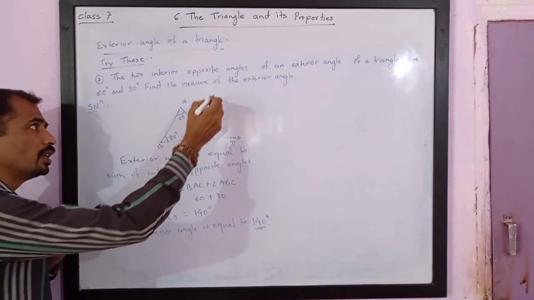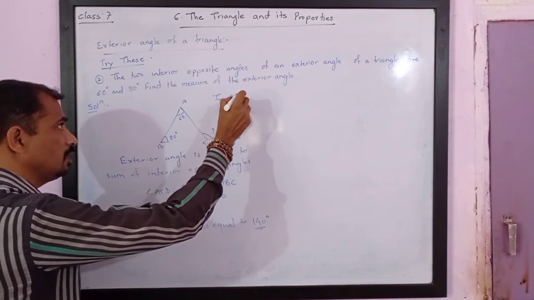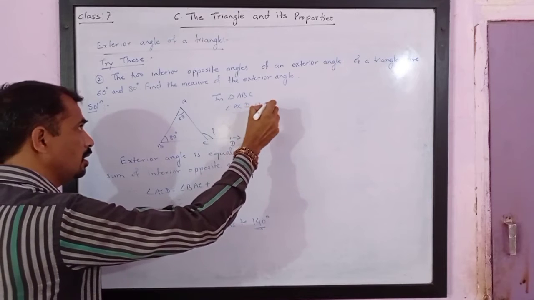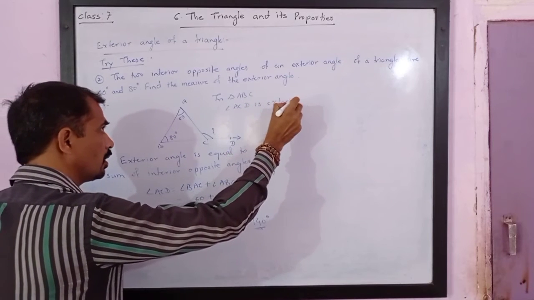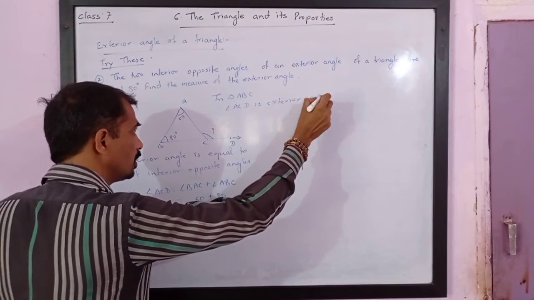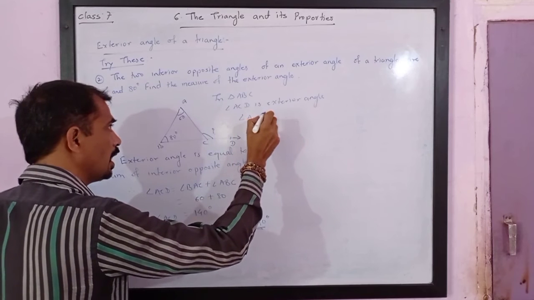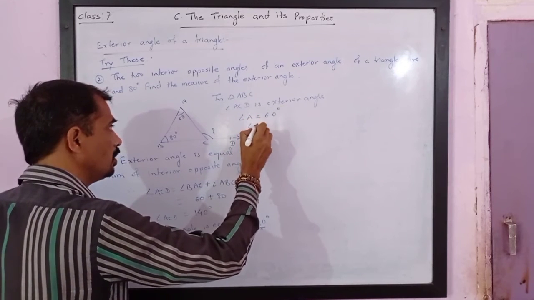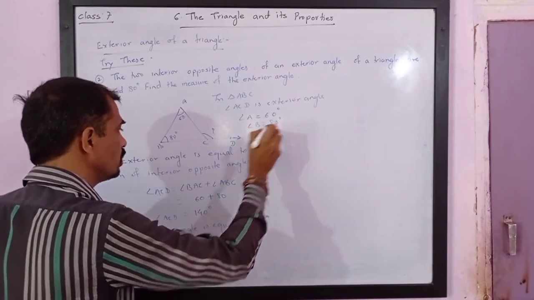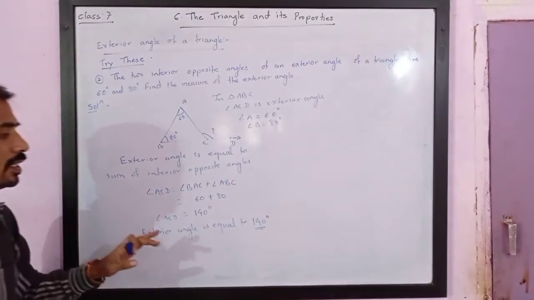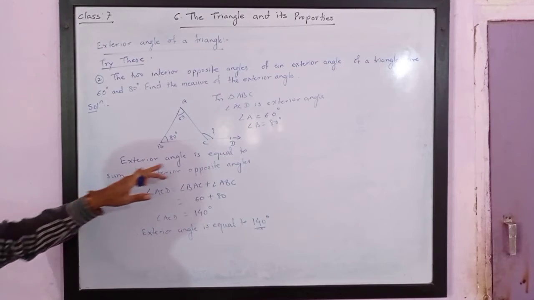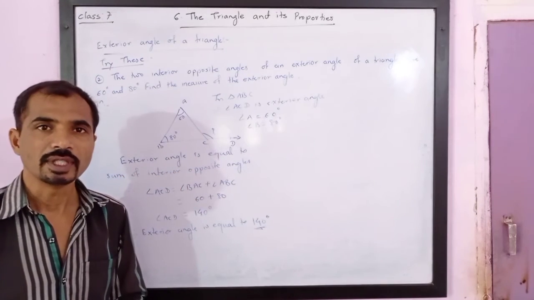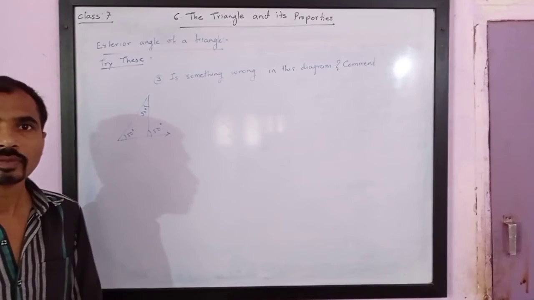Here we were given that in triangle ABC, angle ACD is the exterior angle, angle A is equal to 60 degrees, and angle B is equal to 80 degrees. We were asked to find the exterior angle, and we used the property that the exterior angle is equal to the sum of interior opposite angles.